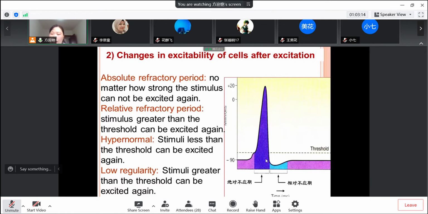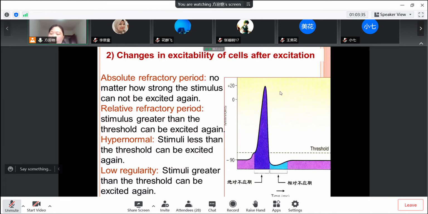If we keep the interval longer than the refractory period, the second stimulation can produce the second action potential.